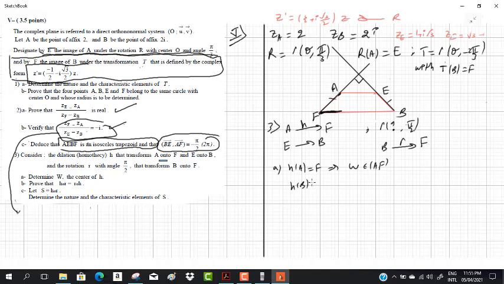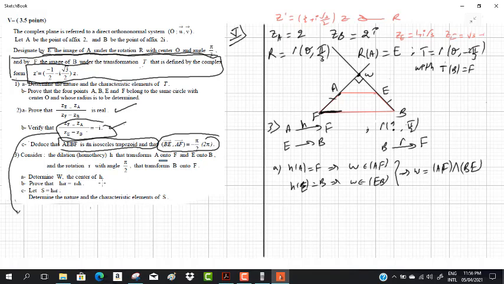H of E equal B, so W belongs to the line EB. Both given, so W equals AF intersection BE. So W is the point of intersection of AF with BE, so this is W.